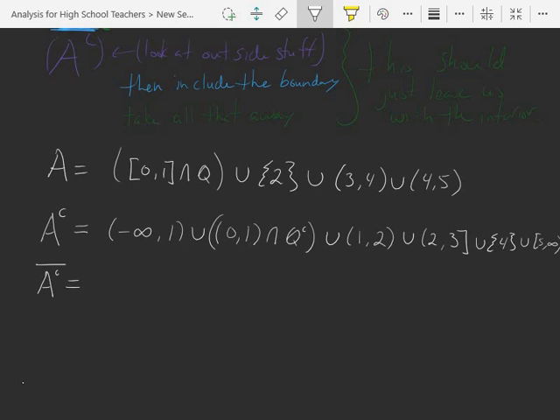So if I close this first interval, I get negative infinity up until 0. Union. If I close this stuff, I get from 0 all the way up until 1.